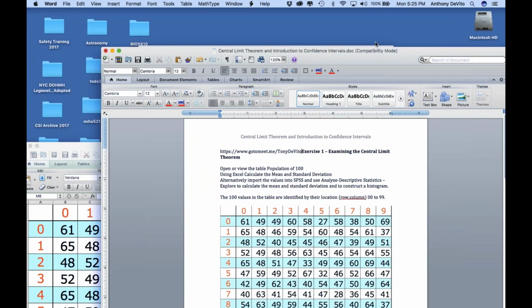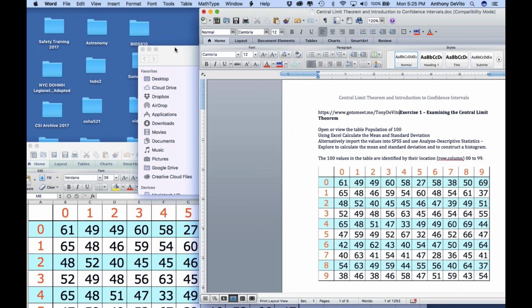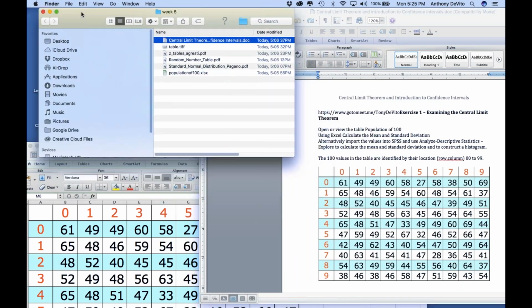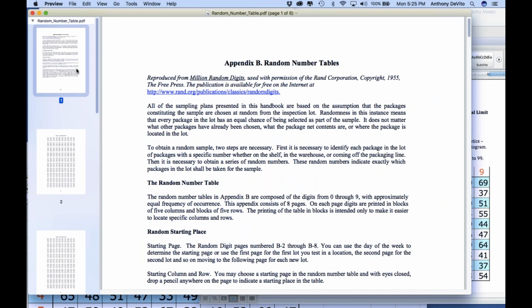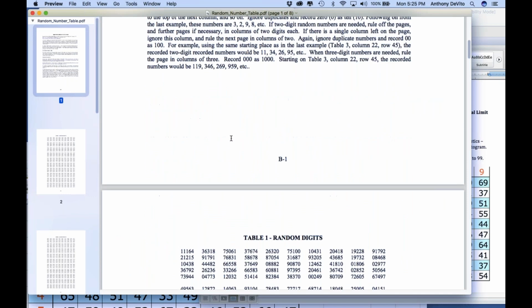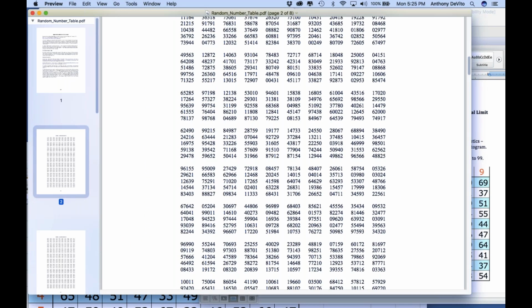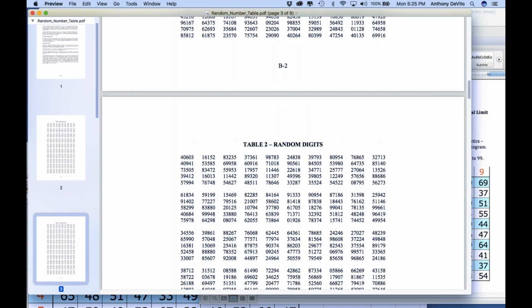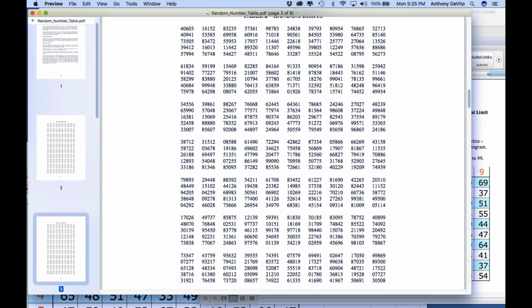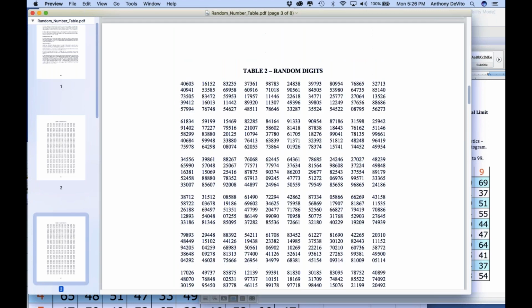But the old school way of doing this is there were books that were published that have tables in them. Here's one, for instance. This is a random number table. These tables were generated by software or some other mechanism, and they're single-digit numbers organized into groups of 5 that have been produced in a random manner.